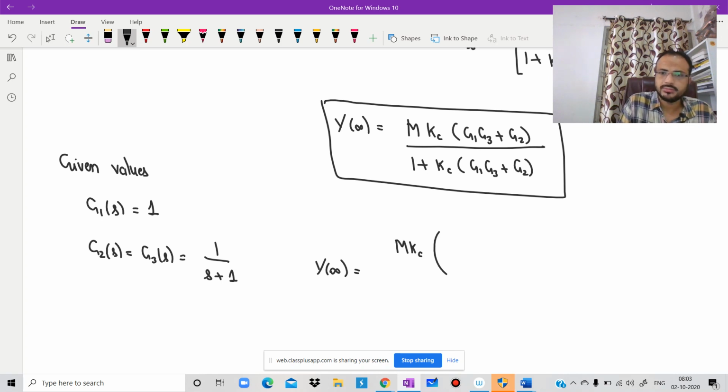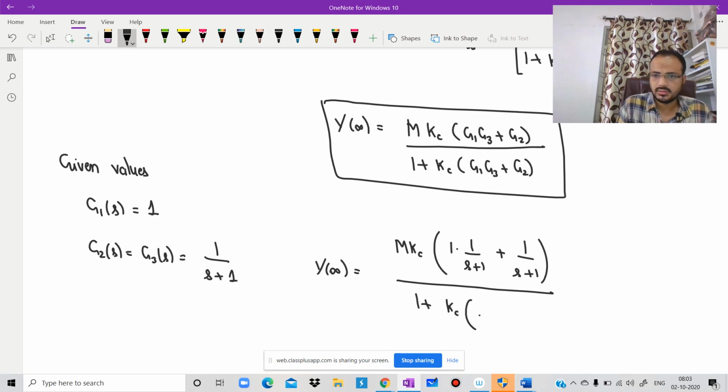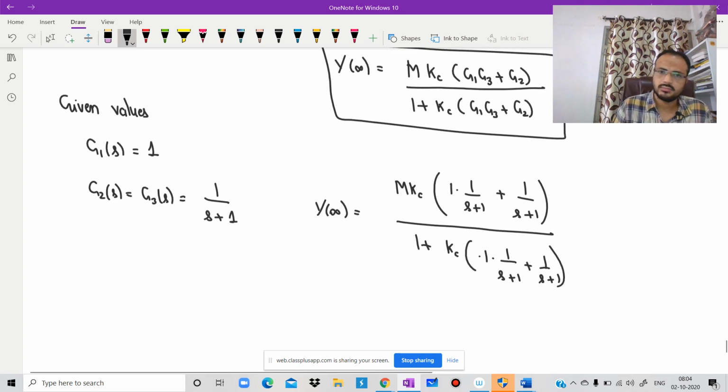M into Kc, G1 1, G3 1 by s plus 1, 1 plus Kc, s plus 1. But you need to put this value 0.